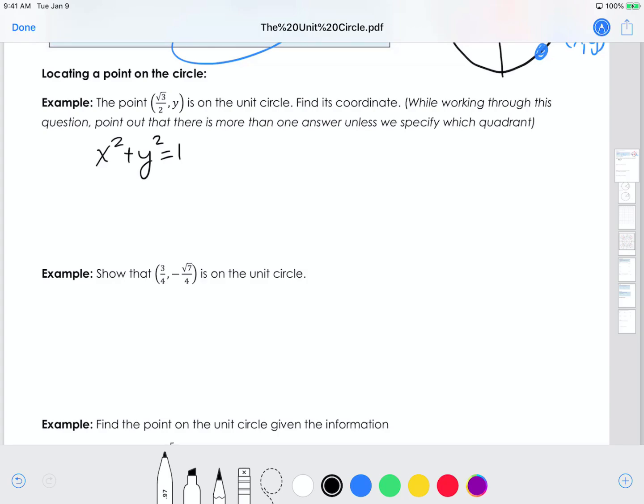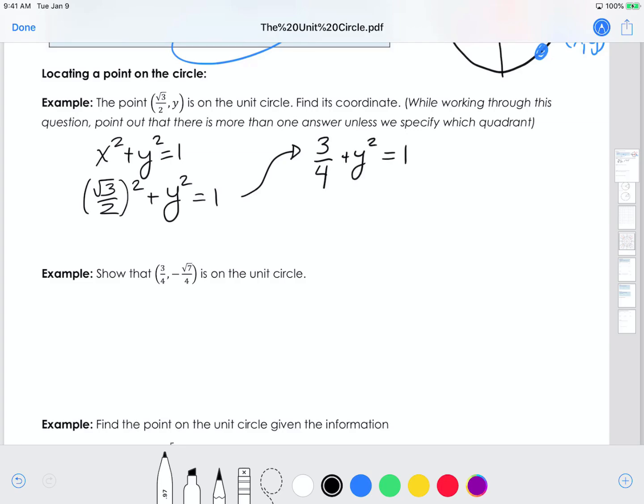So I'm going to plug in my value of x and solve for my value of y. So I've got the square root of 3 over 2, and I'm going to square it, plus y squared is equal to 1. When I square my value of x, I get 3/4 plus y squared is equal to 1.